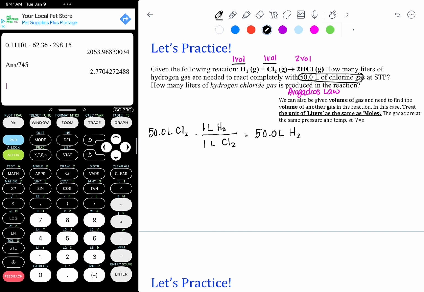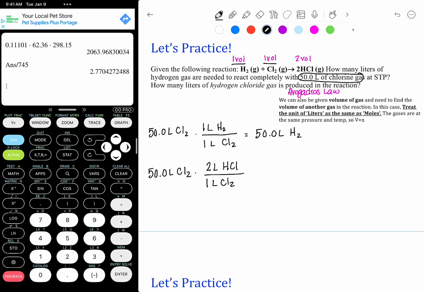Okay, so the other question was how many liters of hydrogen chloride gas is produced in this reaction? Well, we start with our 50 liters of Cl2, and we can use our mole-to-mole ratio again. Instead, this is for every 1 liter of Cl2 that we use up, we get out 2 liters of HCl.